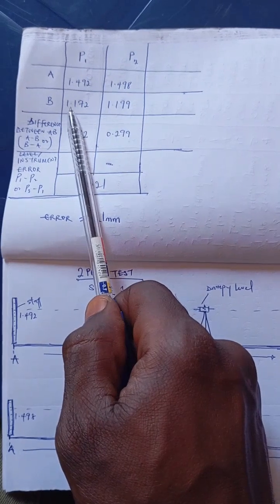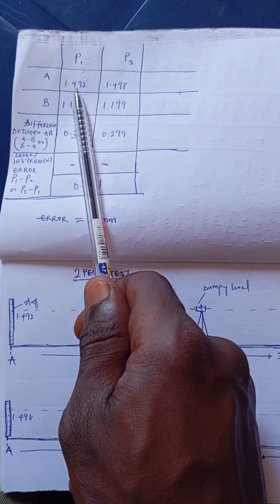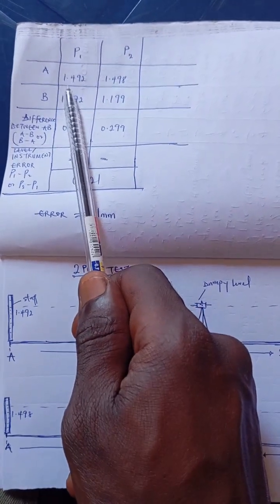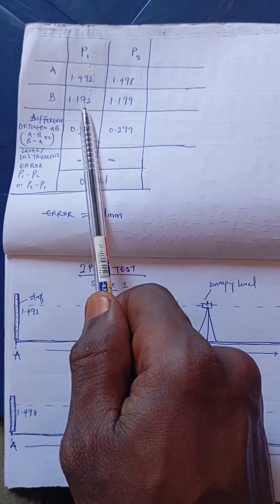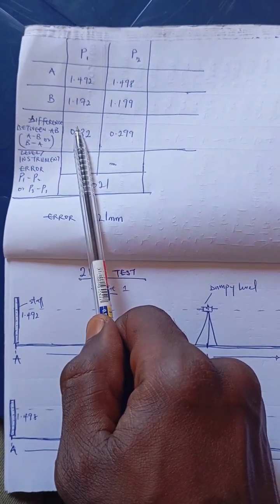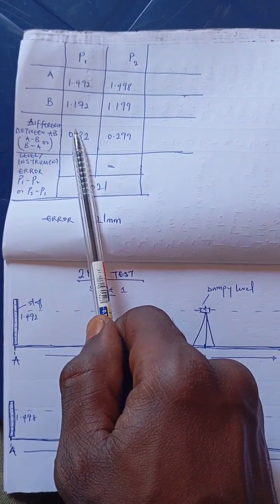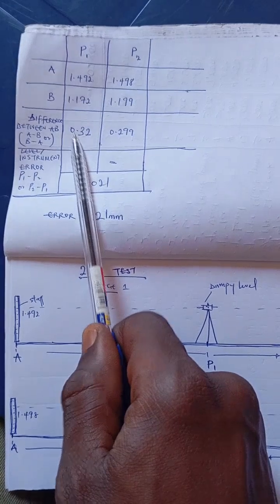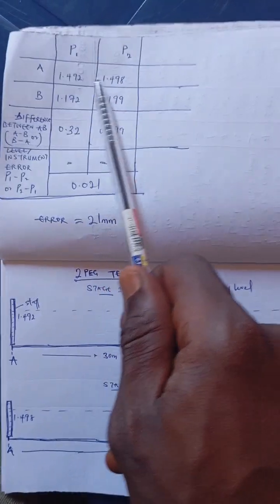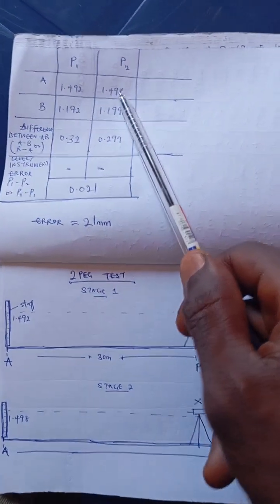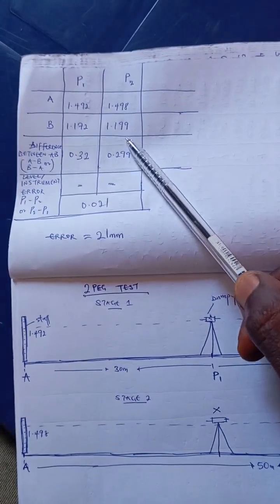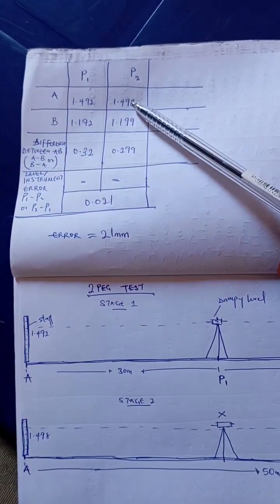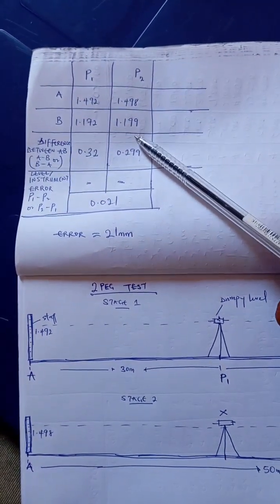From here I realize that A is greater than B, which is 1.492 minus 1.172. Automatically, this is A minus B. So at point 2 also it will be A minus B. It won't be B minus A, but automatically A will be more than B.